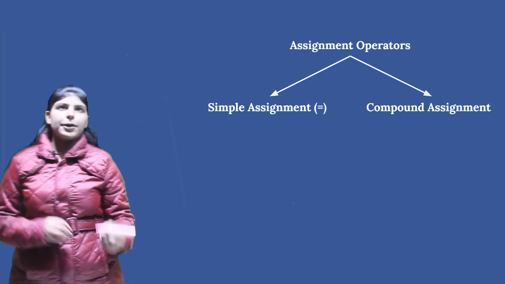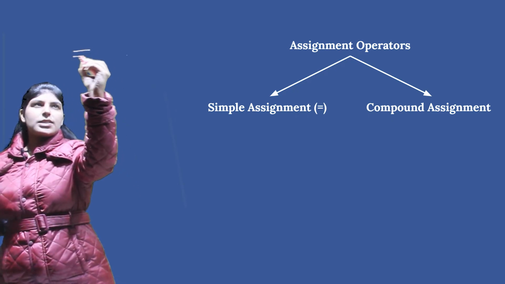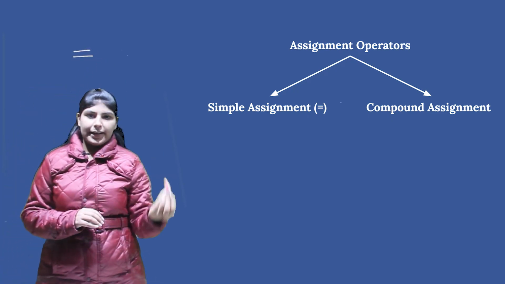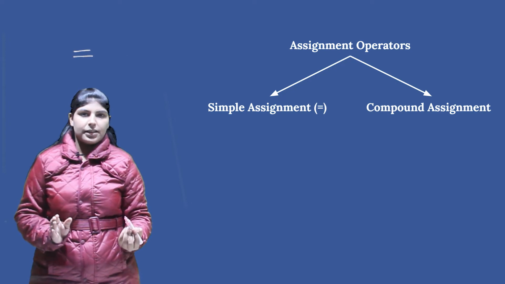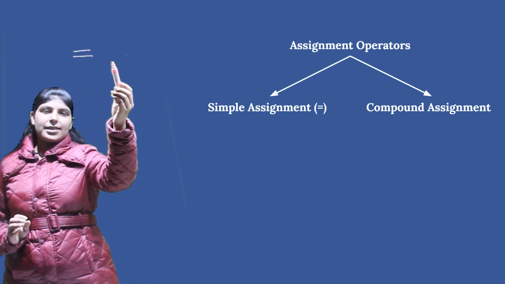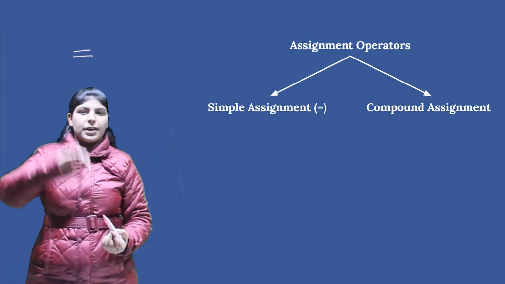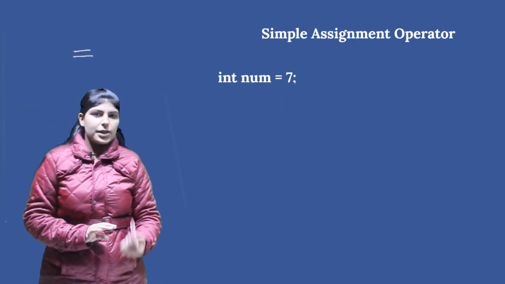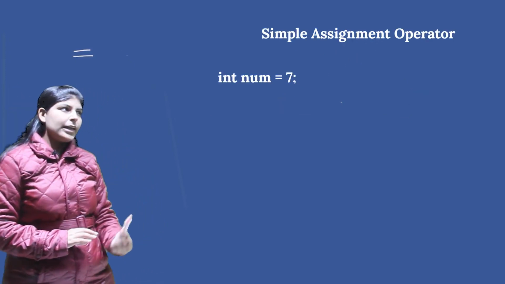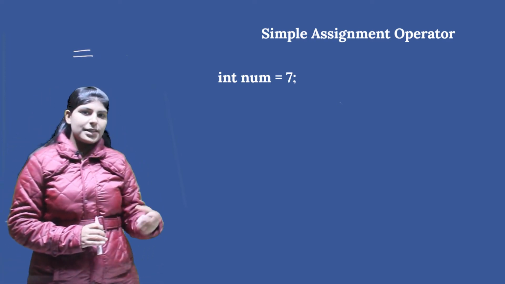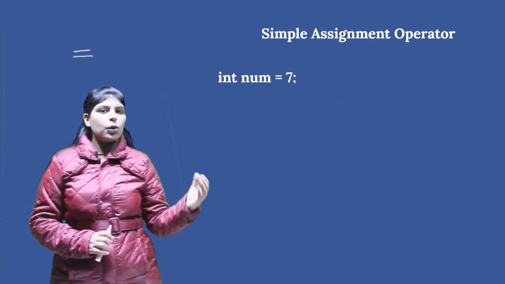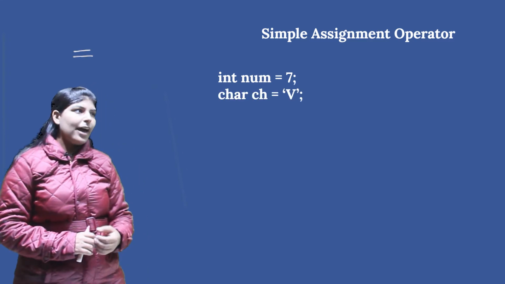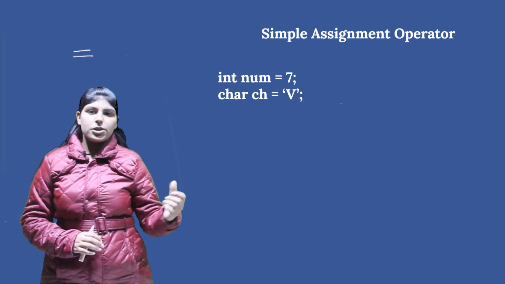The simple assignment operator consists of an equal to sign. It assigns the value at the right hand side to the variable at left hand side. The value at the right hand side must be of the same data type as the variable on the left hand side, otherwise it will give an error. So let's see an example of this. Int num is equals to 7. So inside the variable num, I'll store the value 7. Then I have character ch equals to v.